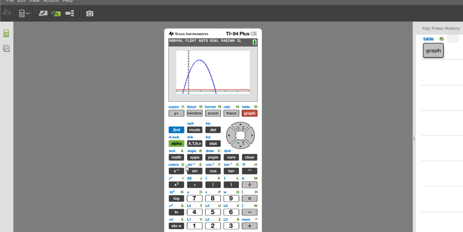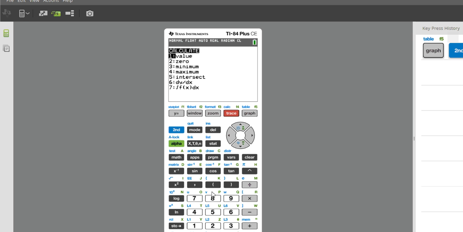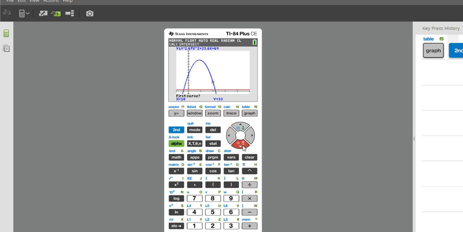Again, graphing calculator folks, you press second trace, option 5 intersect. And it's going to ask you for the first curve, press enter. Second curve, press enter again. We don't want to guess, press enter a third time, and we see our intersection point. Desmos folks, you can click on that intersection point and you should get the same values.